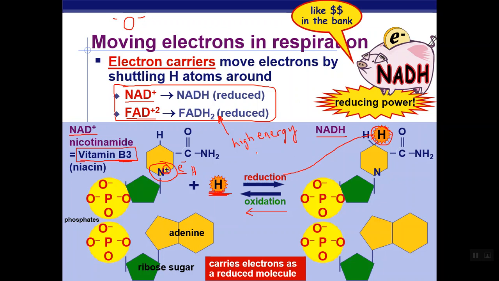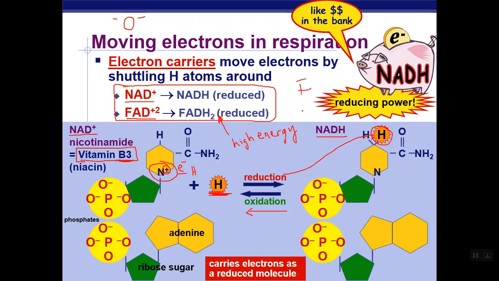And the last thing I'm going to leave you with on this slide is that hopefully by now, what you've basically seen is that it's difficult to track the movement of electrons themselves, because in a molecule, you really don't see electrons. What you see is a hydrogen. So as a proxy, kind of as a way to track the movement of electrons, you're basically just going to be looking for hydrogens, because the proton is attracted to the electron and the two of them put together make the hydrogen.